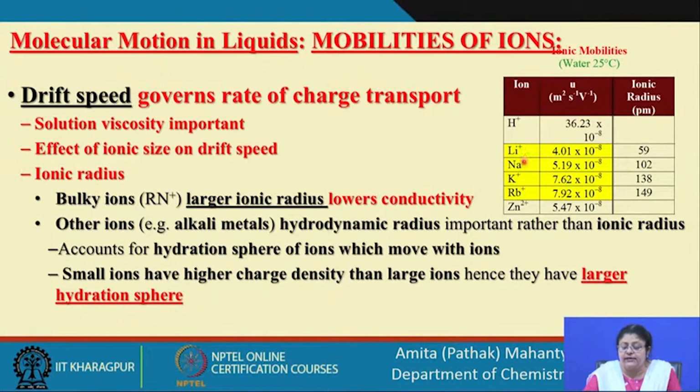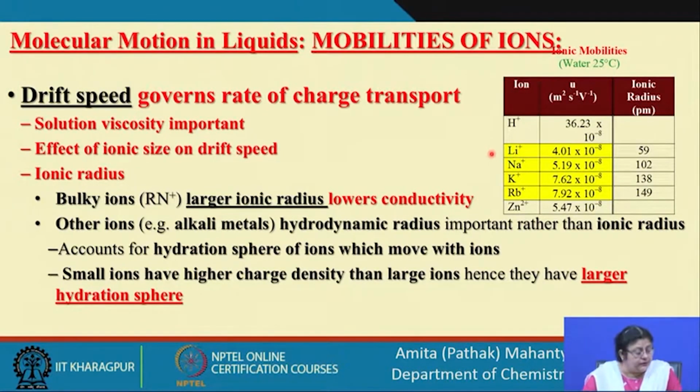If you look very carefully, lithium is the smallest, right. If lithium is the smallest, then there should be the highest mobility, but it is not so, because the smaller the ion is, the more charge density there will be over that ion, and more solvent molecules will get attached to it. So the hydrodynamic radius, or if the solvent is water, the solvated radius or hydration radius of the sphere for the ion, is going to be increased, right.